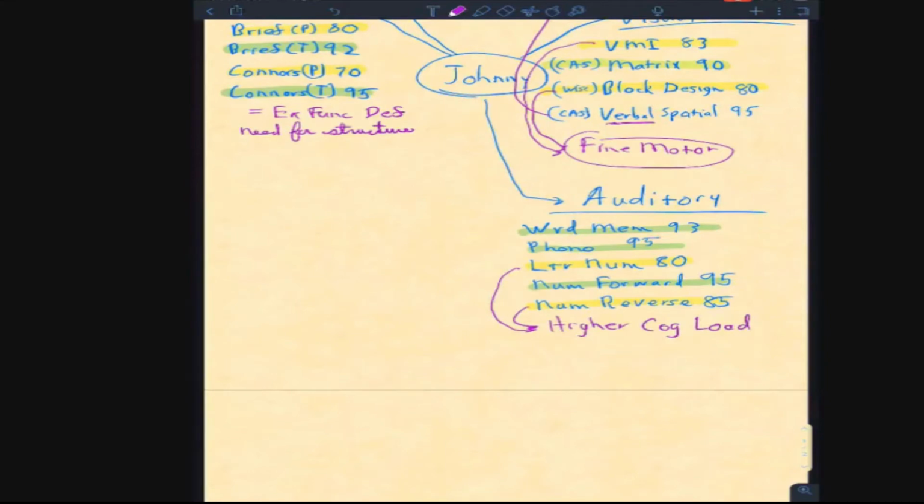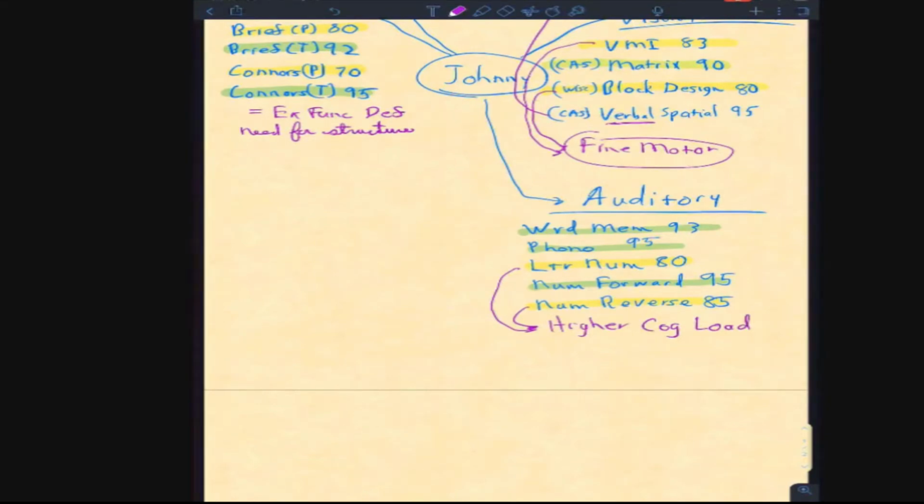So, number forward, phonological memory and word memory, those are the simplest of tasks. All you have to do is repeat a list of words. On the phonological memory test, you repeat a list of numbers, and then you also repeat made-up words. On letter number, you've got the working memory.